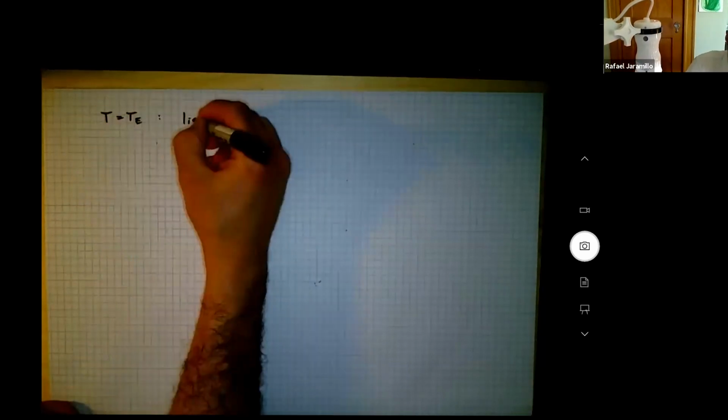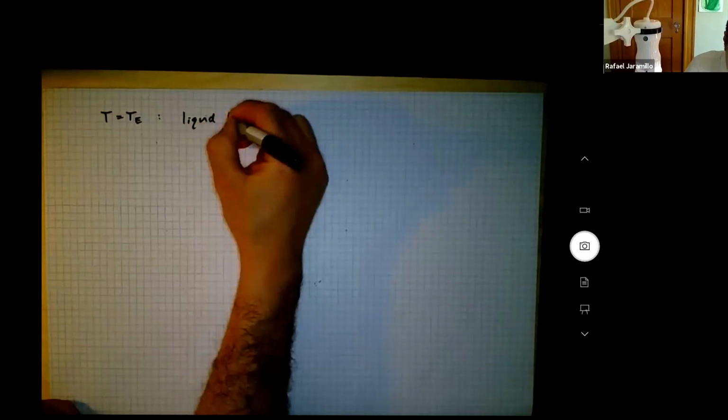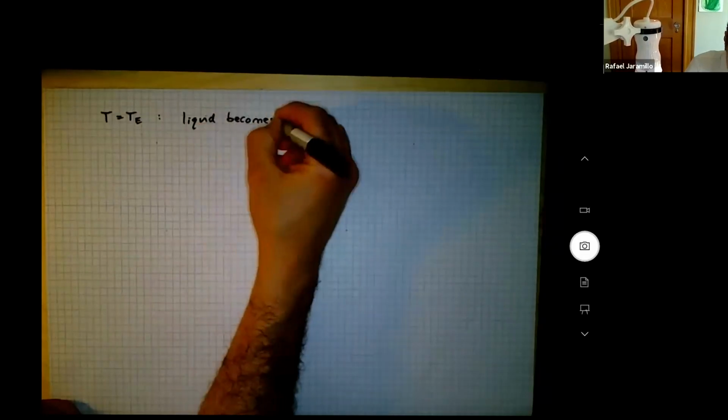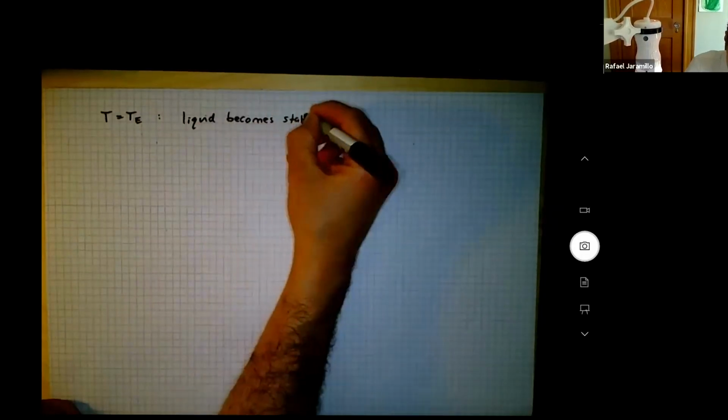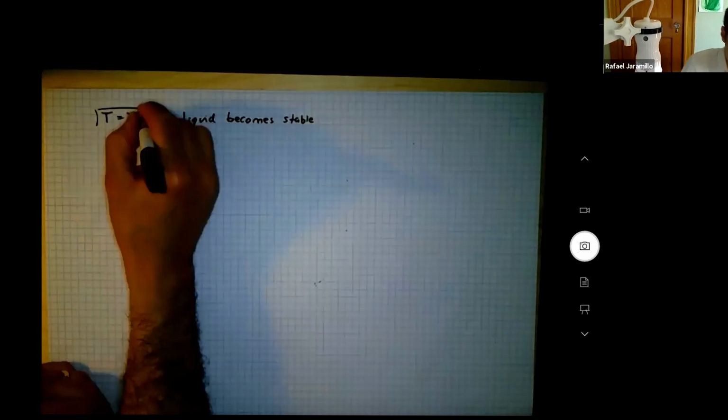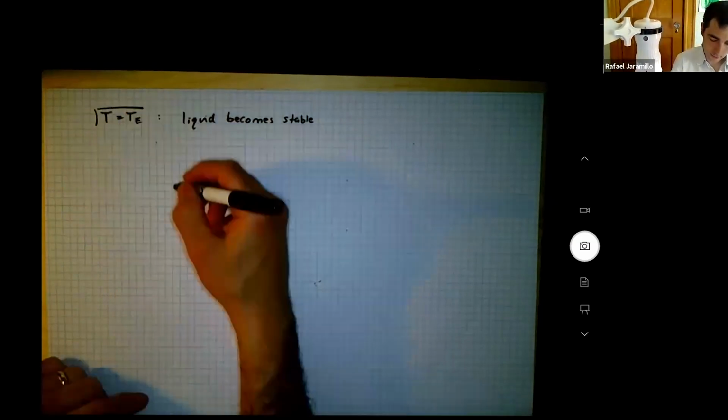At the eutectic point, liquid becomes stable. So what does that look like?